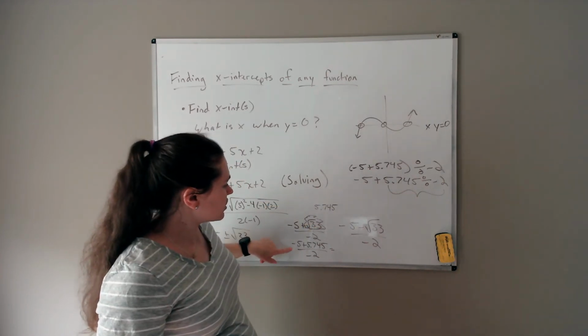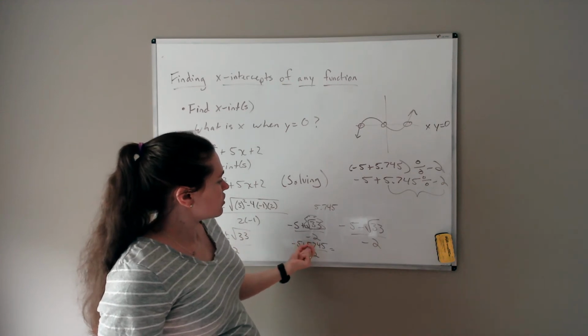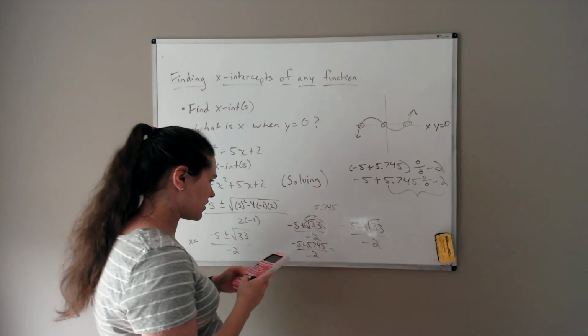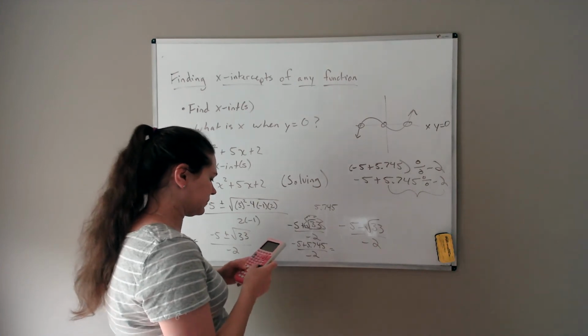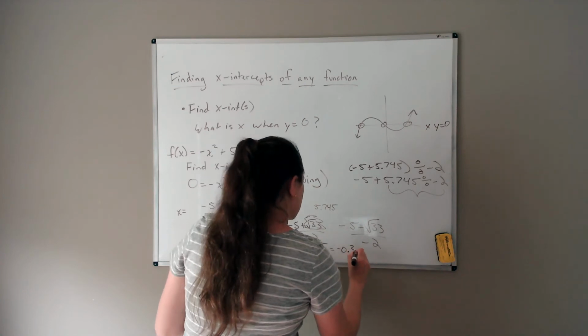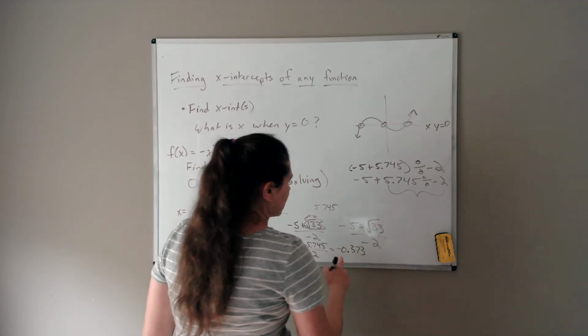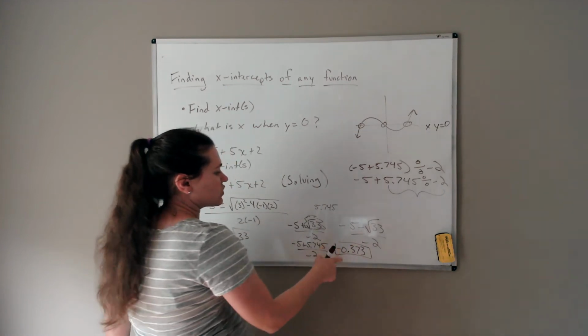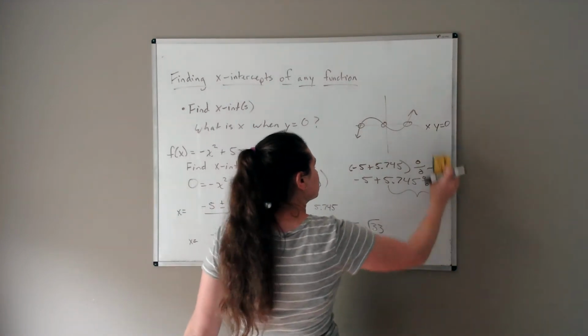But what this expression says is you do the numerator first and then divide by negative 2. That gives us negative 0.3725, or negative 0.373 since I did 3 decimal places here. So that's one of the x-intercepts.